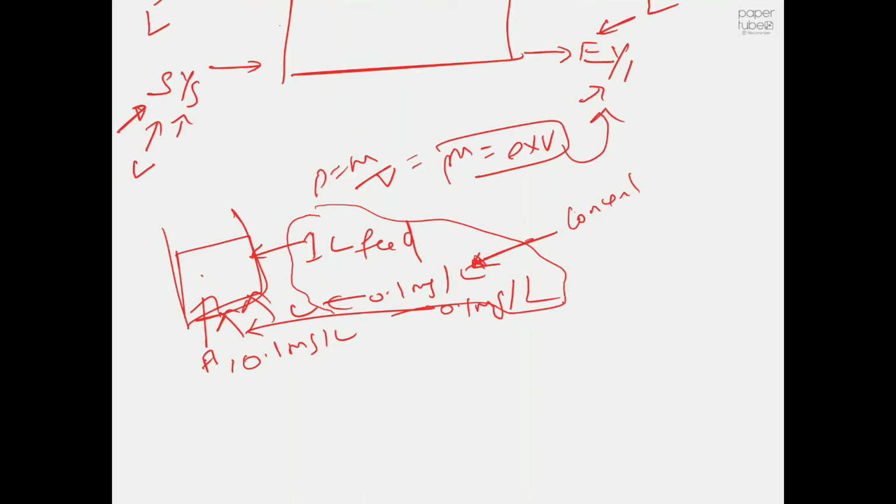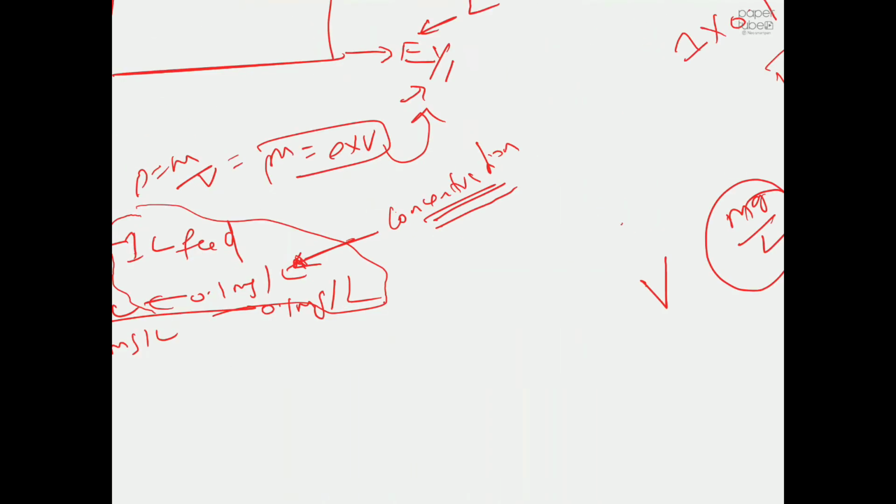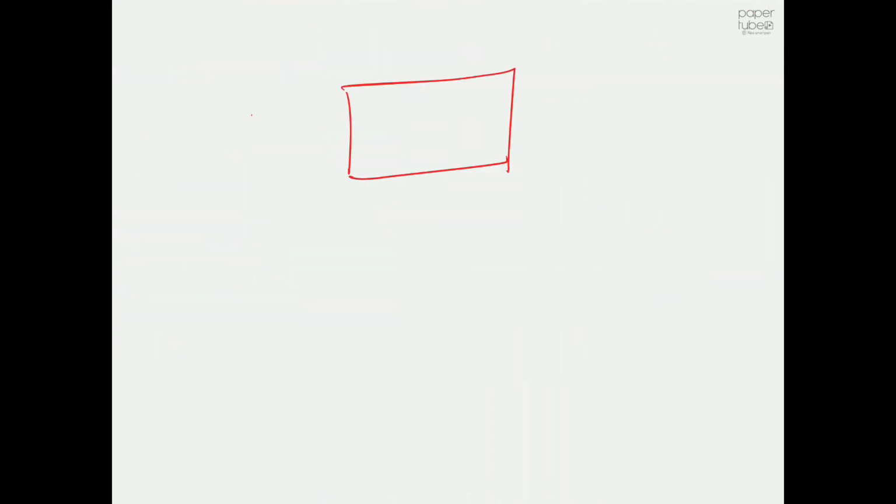So if we come back to this problem, let me write it again. We have a feed solution, the concentrate, that has some steroid, and the concentration of steroid XF is 6.8 milligrams per liter.